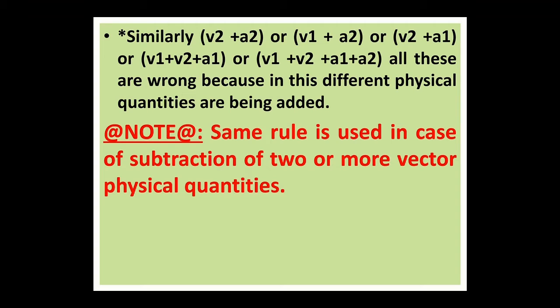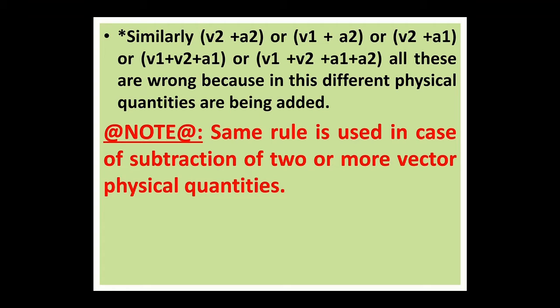While adding or subtracting vectors, you have to keep in mind that similar adds with similar or subtracts with similar, which means if all the vectors are the same kind, then you can simply add them. If they are different, you cannot add them.